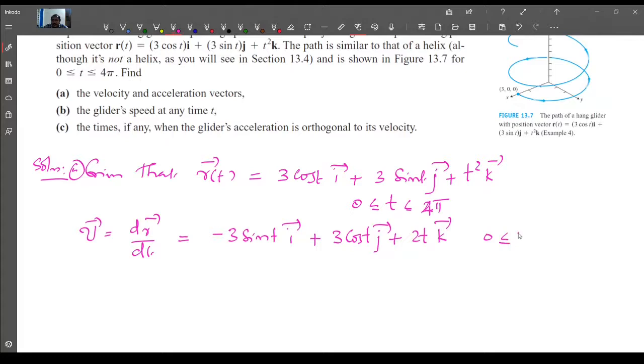0 less than or equal to t less than or equal to 4 pi. And we have acceleration a is equal to d square r by dt square, that is equal to dv by dt.